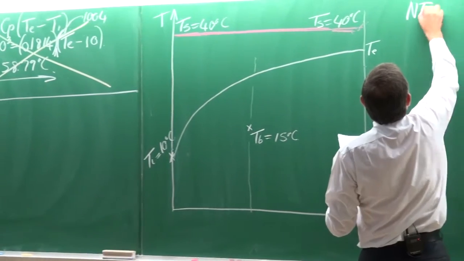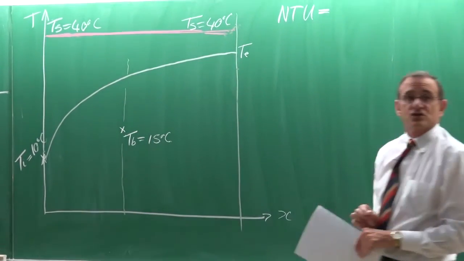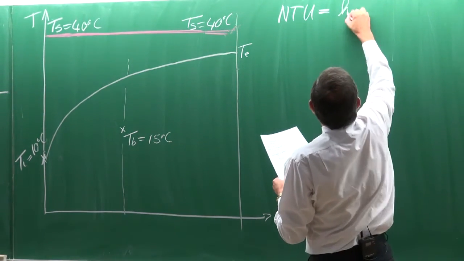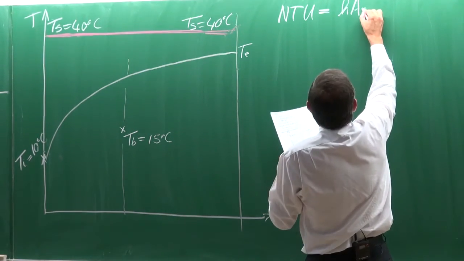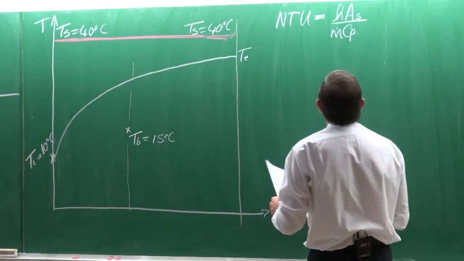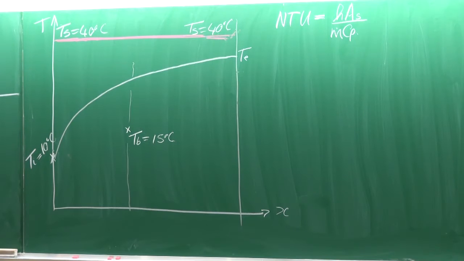I would like to first also calculate the NTU. The number of transfer units is equal to the heat transfer coefficient multiplied by the surface area divided by the mass flow rate, excuse me, and the CP.